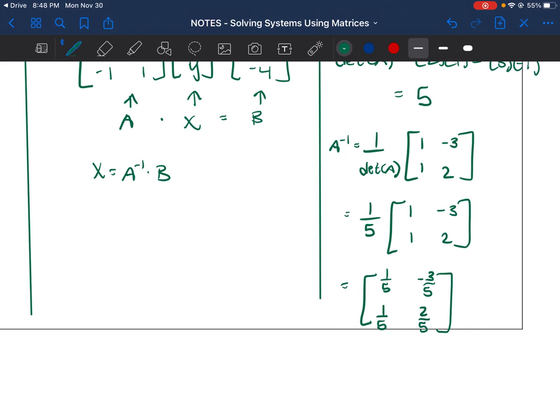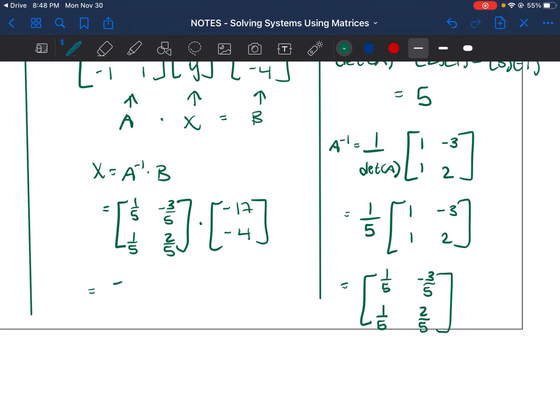So to calculate the variable matrix X, that's going to be A inverse, which we just found to be 1/5, -3/5, 1/5, 2/5, times -17, -4, because that's B, the constant matrix.